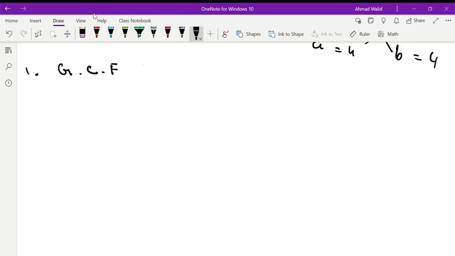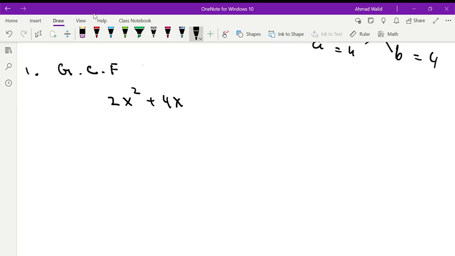For example, if someone gives me 2x squared plus 4x, I will not put an equal sign here. I'm not going to solve this as an equation. You see there is no equal sign, it's just a polynomial or a binomial. I'll show you why we call it GCF. Greatest common factor.